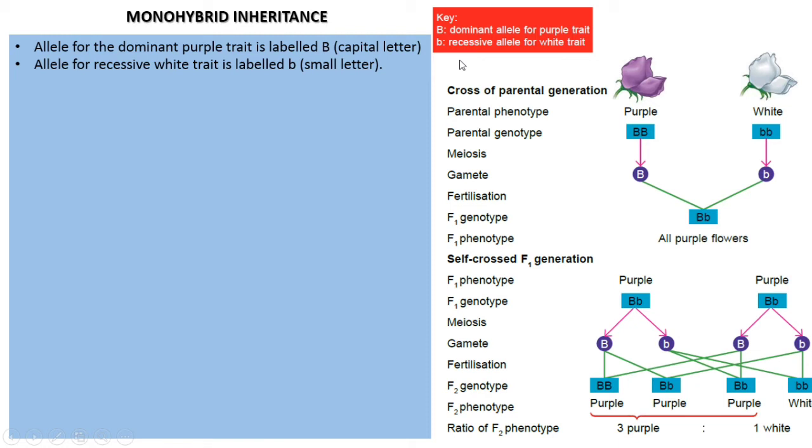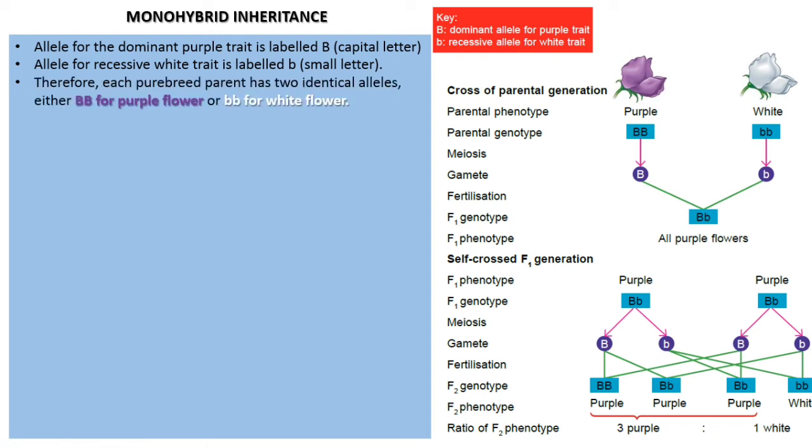Okay, B besar for dominant allele for purple trait, b kecil recessive allele for white trait. Therefore, each purebreed plant has two identical alleles, either capital B for purple flower and small b for white flower. Okay, like this. This is the genotype of purple flower and white flower.